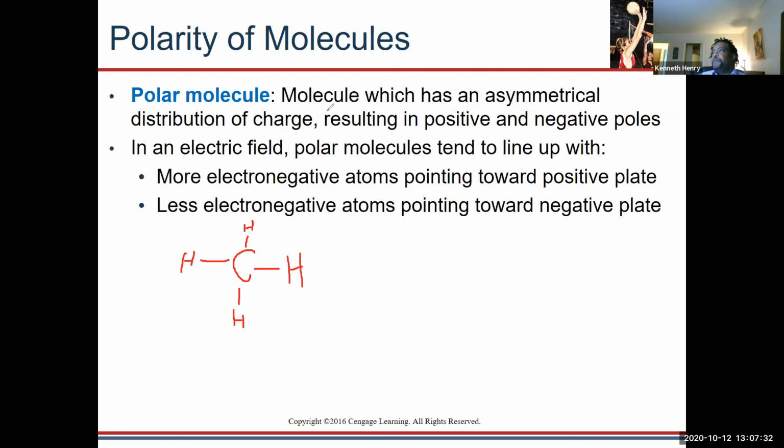If we're talking bond polarity specifically, bond polarity only consists of the bond between the C and the H. Molecular polarity is looking at the whole molecule, the whole thing.